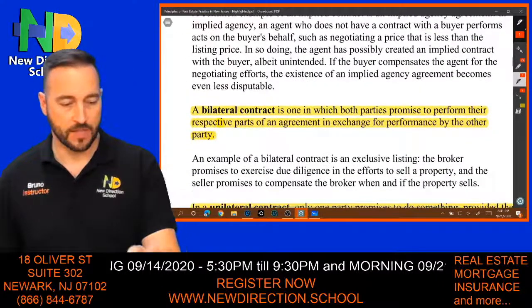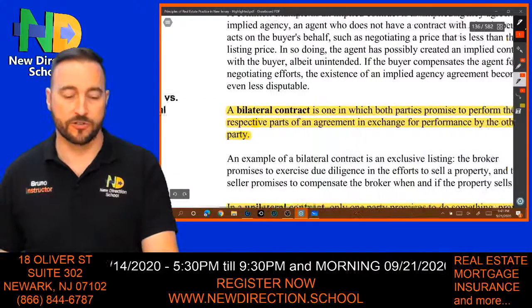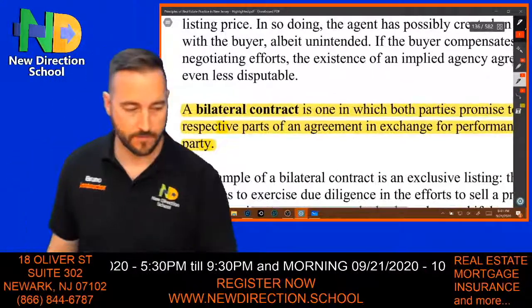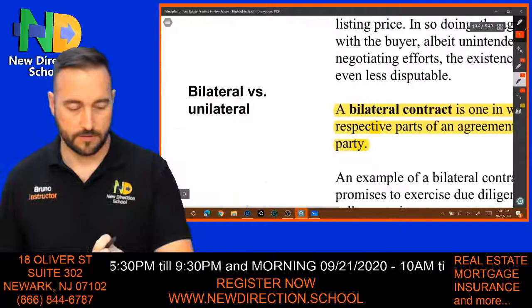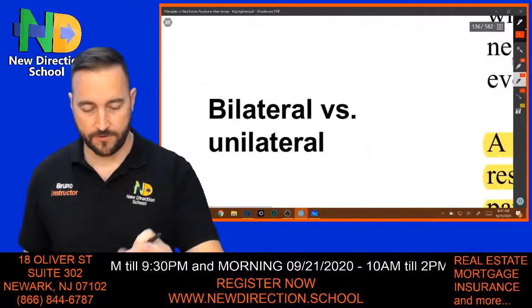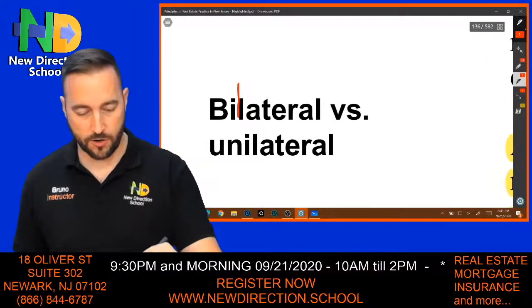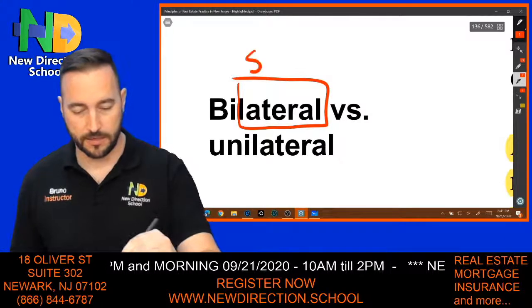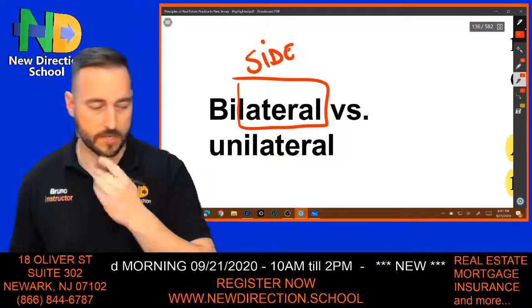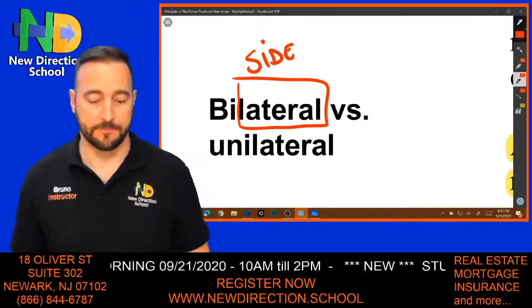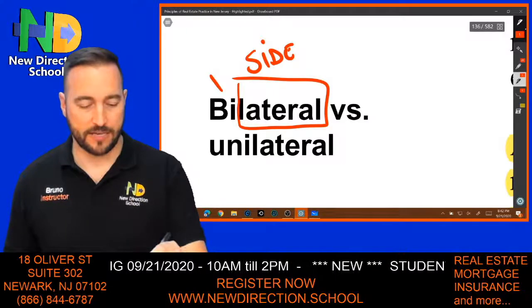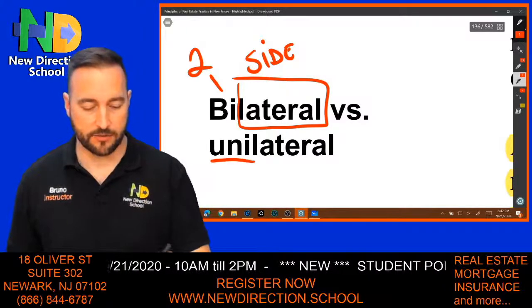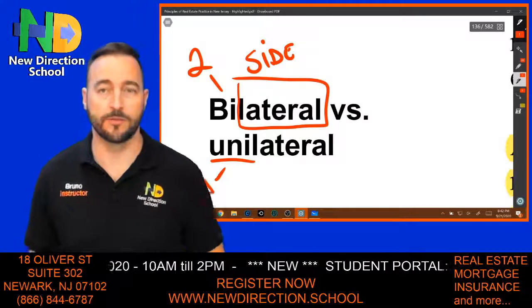Okay? Then we have bilateral versus unilateral. First thing to know is the word lateral, side. If it's bilateral, it's two-sided; unilateral is a one-sided agreement.